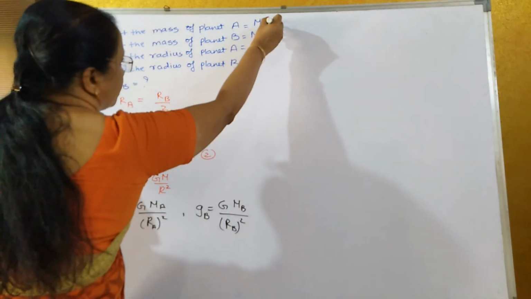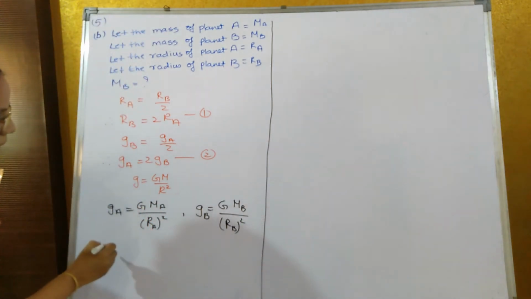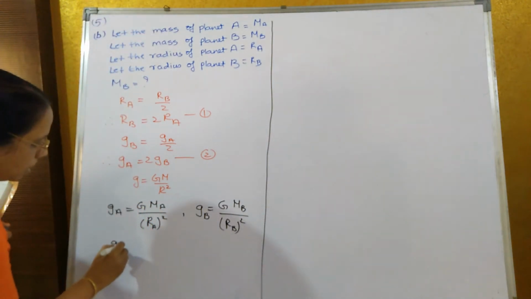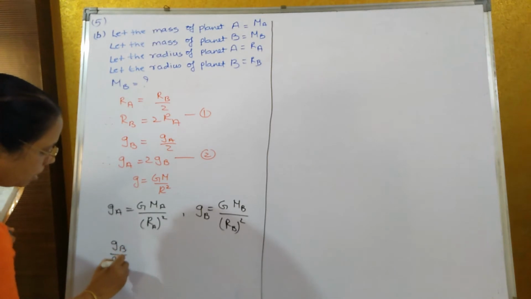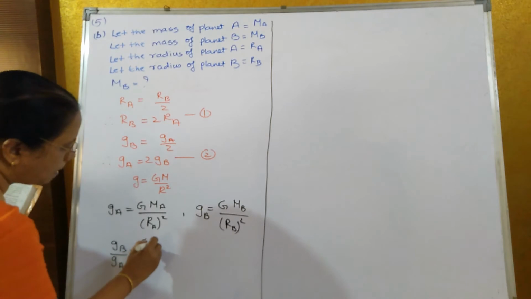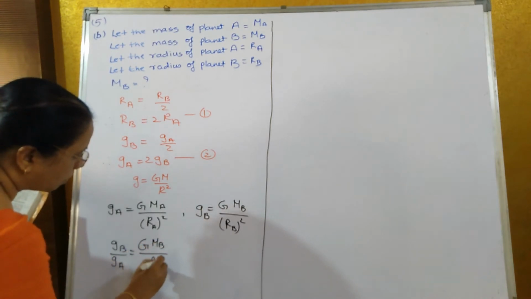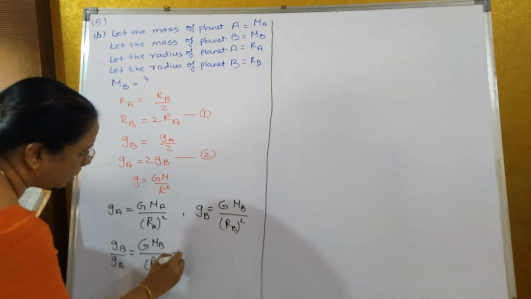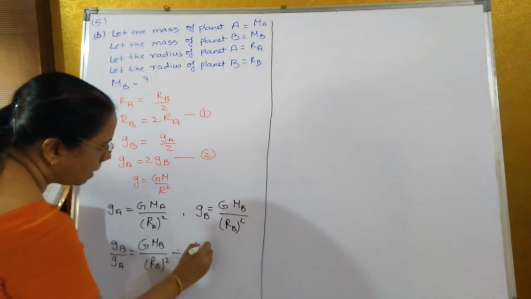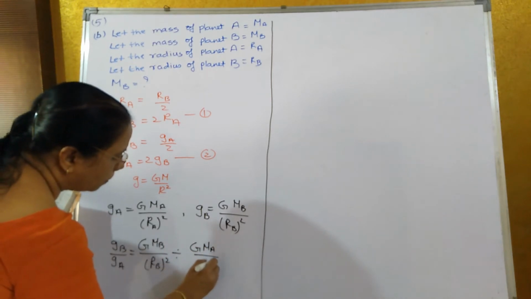Now let us take the ratio of both of them, that is GB upon GA is equal to, what is GB? GMB upon RB the whole square divided by GMA upon RA the whole square.